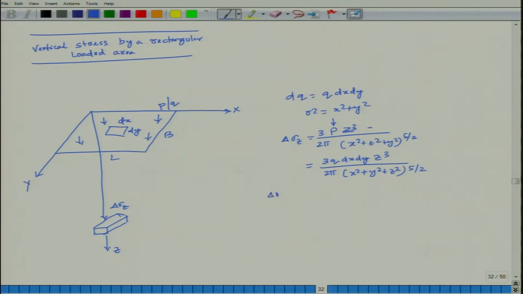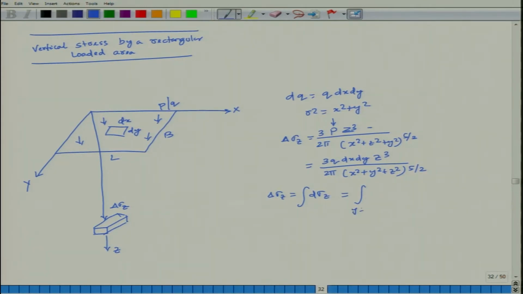Now if I integrate over here, it will be a double integration because dx has to be integrated from 0 to L and dy has to be integrated from y equal to 0 to b.